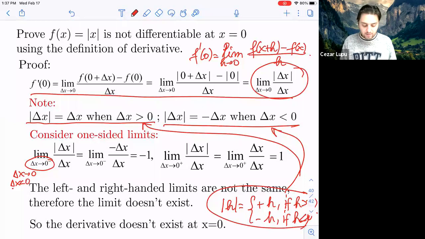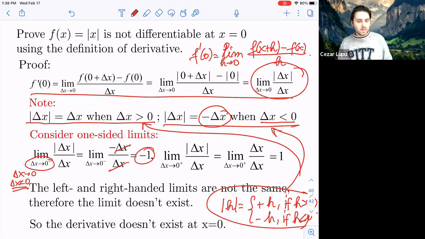By the definition, the absolute value of delta x will become negative delta x. So the limit will be the limit as delta x approaches 0 from the left of negative delta x over delta x, and they cancel, so this will be negative 1. The same thing I can do when delta x approaches 0 from the right: this will be delta x over delta x, which is 1.